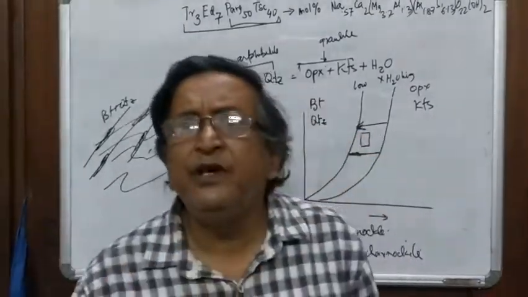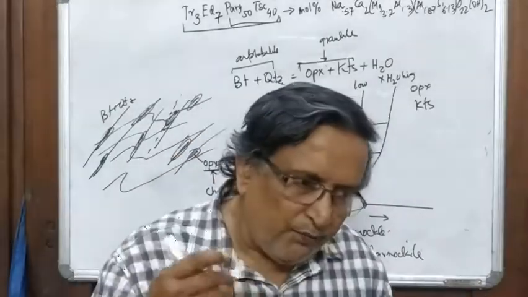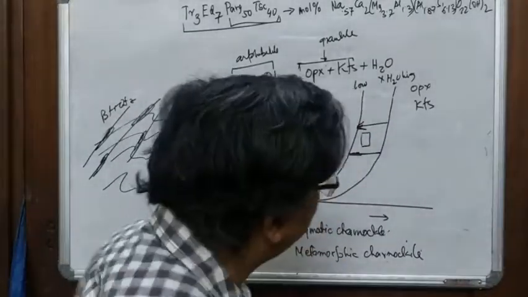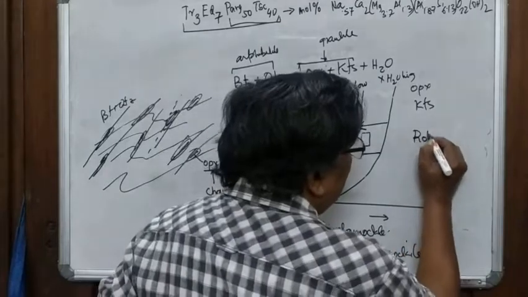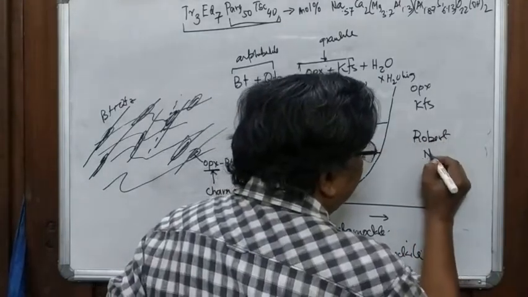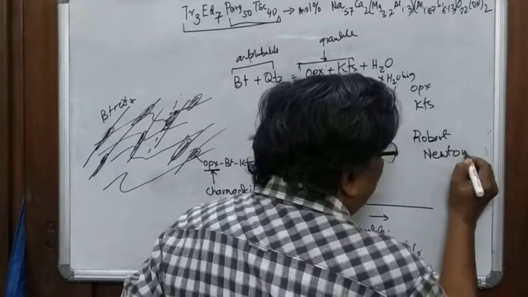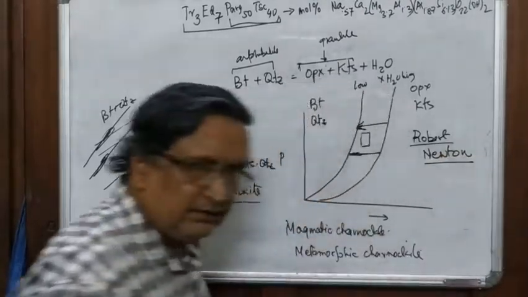Question is, how do you reduce XH2O? There was a person, very famous, his name was Robert Newton. There were other people with him, some of the Indians were Janardhan, Newton et al.